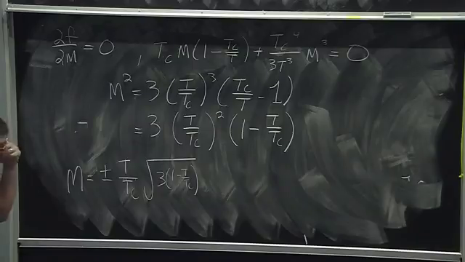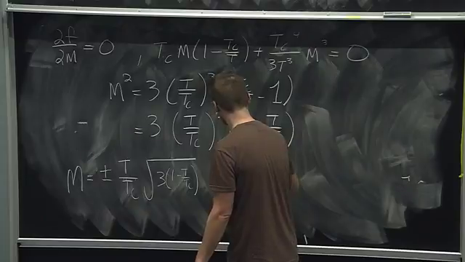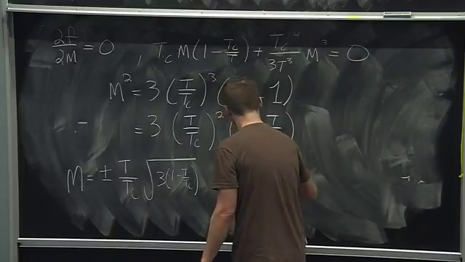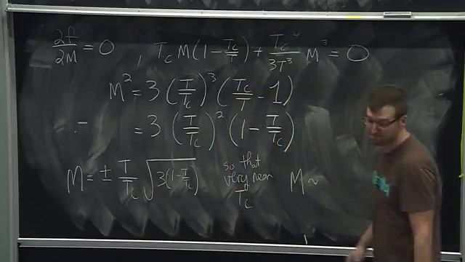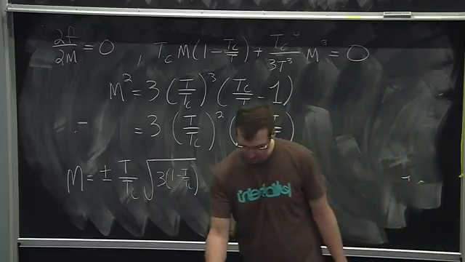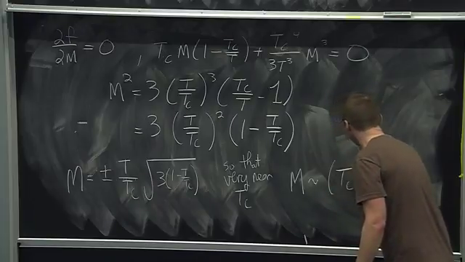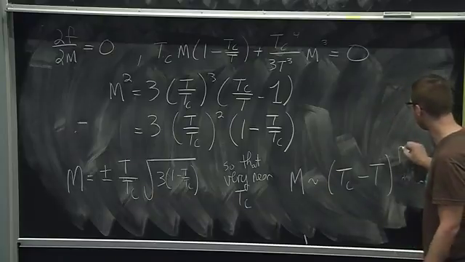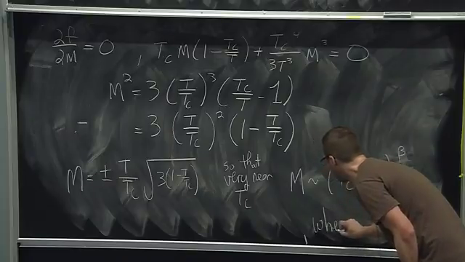So very near the transition temperature, T equals Tc, m will just go like Tc minus T, I don't know which way I defined it before, but let's say Tc minus T, to some power beta, which is your critical exponent, and beta is a half.